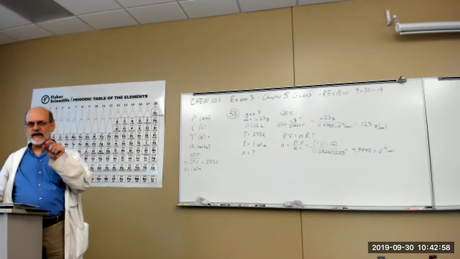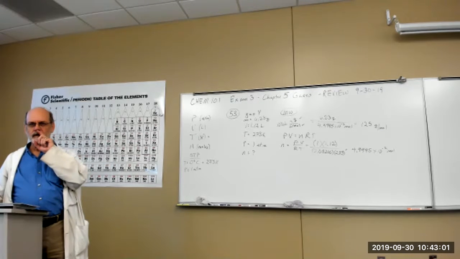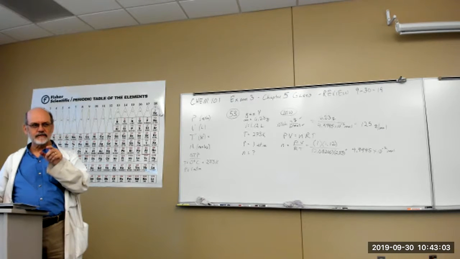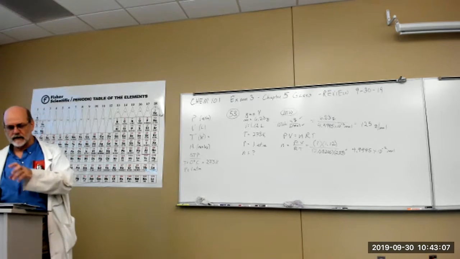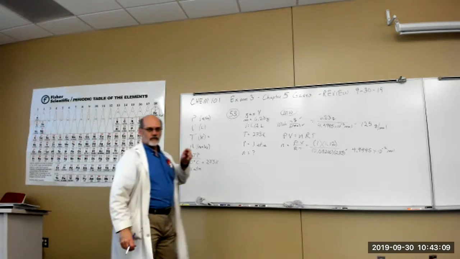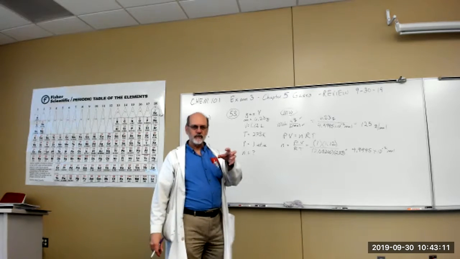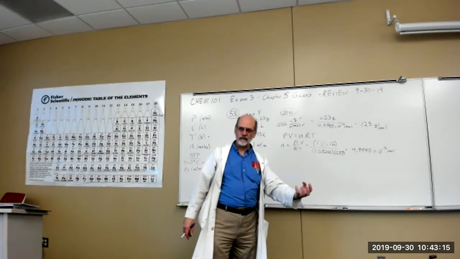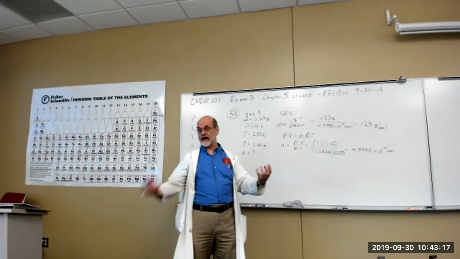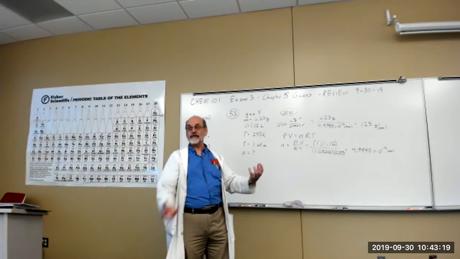We have done in this class so far percent by mass to empirical formulas to molecular formulas. Yeah. So when we're given those problems, we're given the percent composition. That gets us to empirical formula. But then you need to know the actual molecular weight to go the rest of the way.